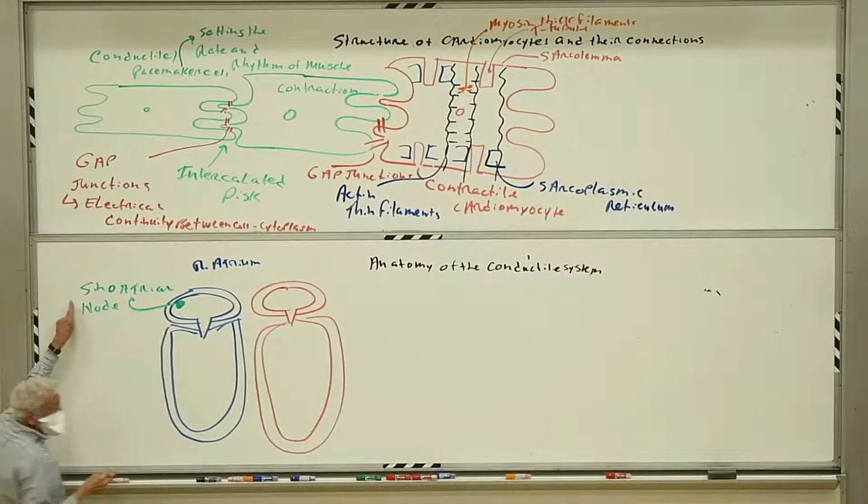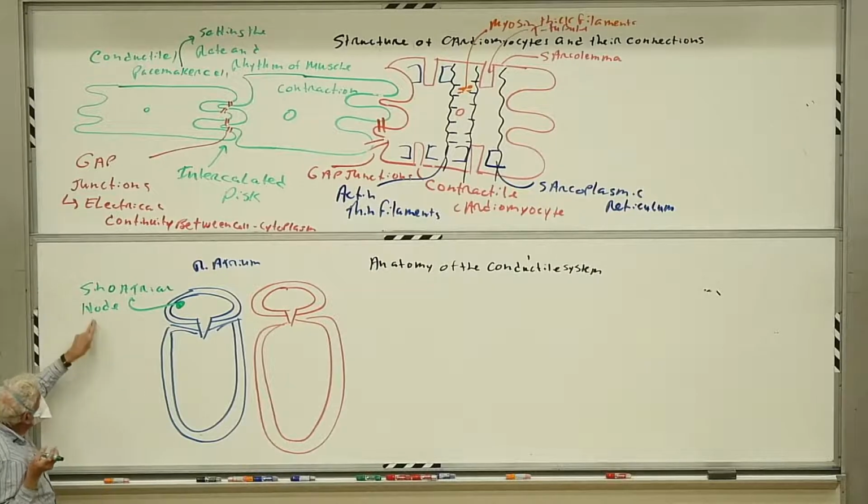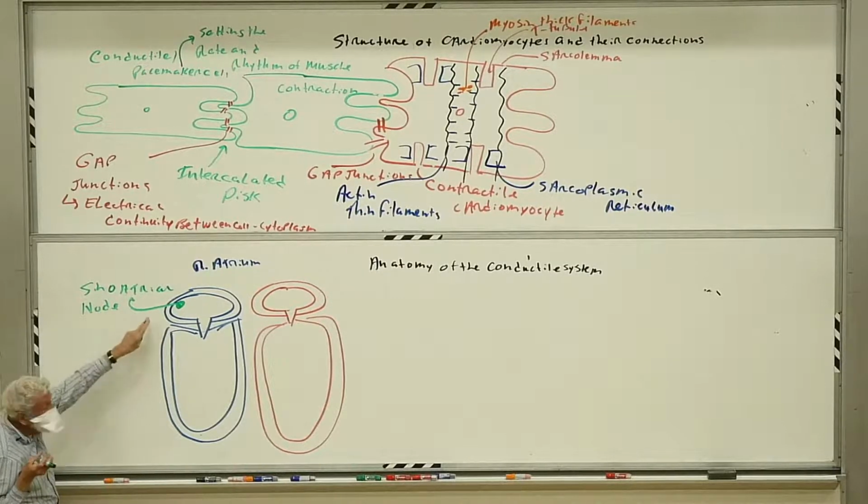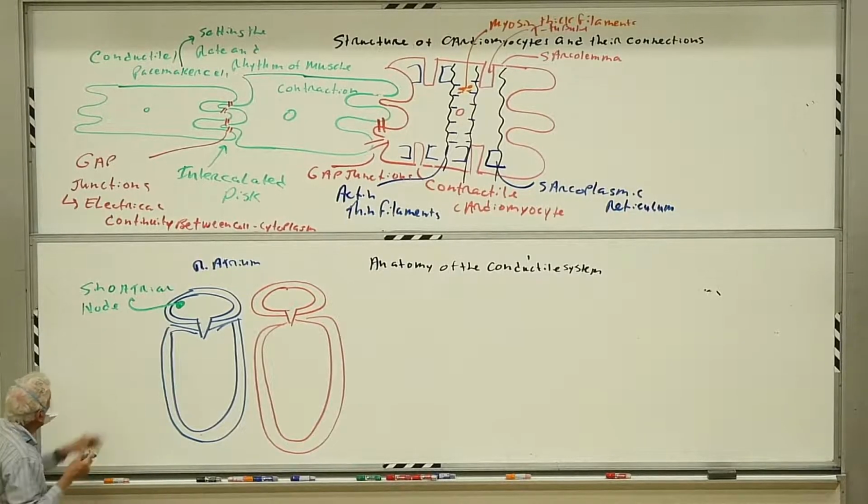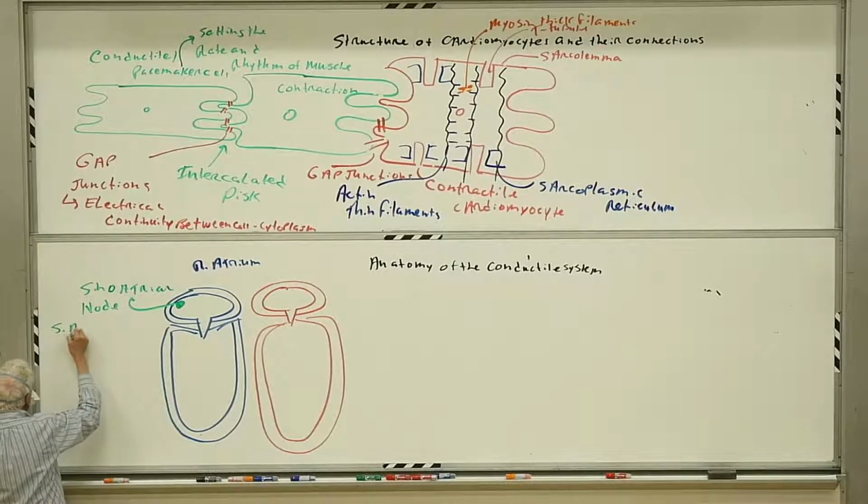It gets its name because it sits in a region of the atrium. We commonly abbreviate this the SA node.